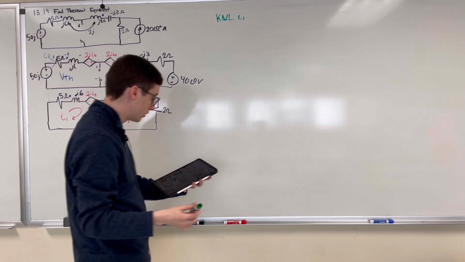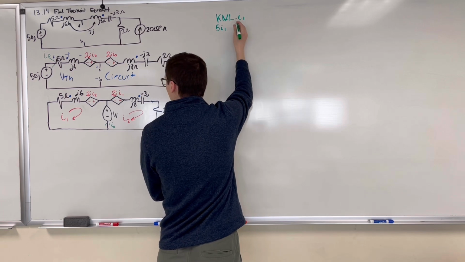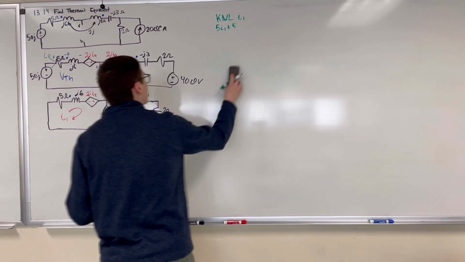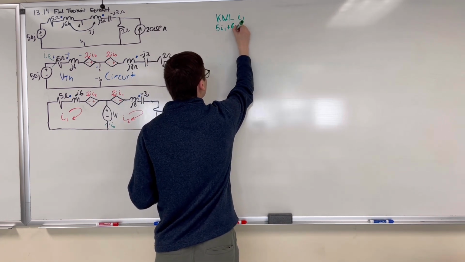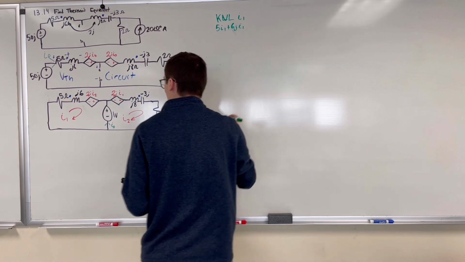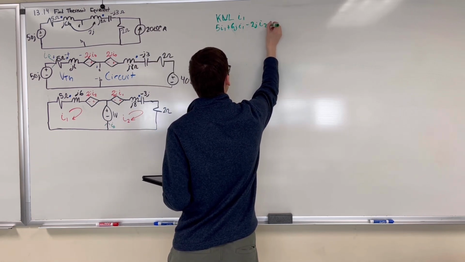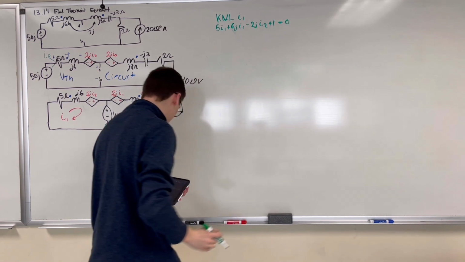So it's going to be 5 I1 plus 6J I1 minus 2J I2 plus 1 equals 0.